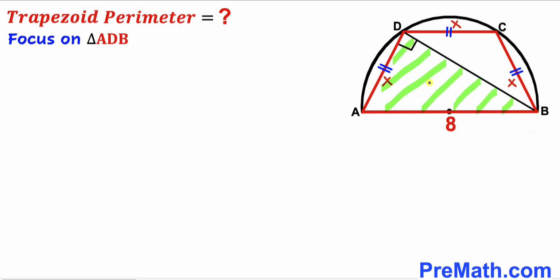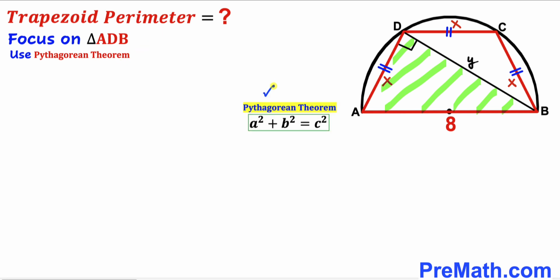And now let's focus on this right triangle ADB, whose side lengths are 8 and x. And now let's assume this side BD is y, and we are going to use the Pythagorean theorem on this triangle. And here's our Pythagorean theorem: a square plus b square equal to c square.